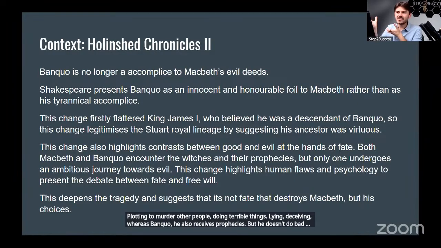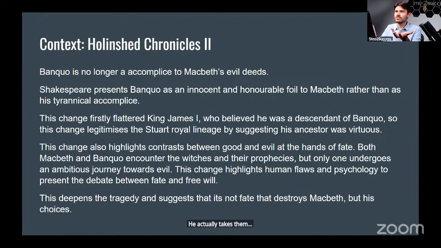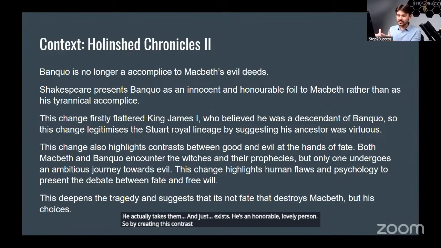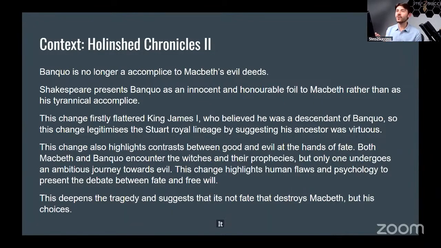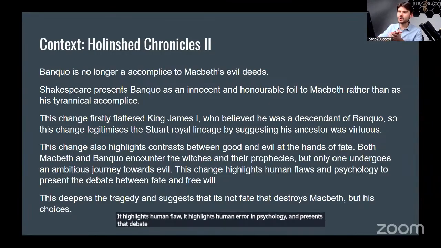He actually takes them and just exists. He's an honorable, lovely person. So by creating this contrast between good and evil, it highlights human flaw, it highlights human error and psychology, and presents that debate as to whether free will or fate was actually responsible for Macbeth's downfall. And this deepens the tragedy.